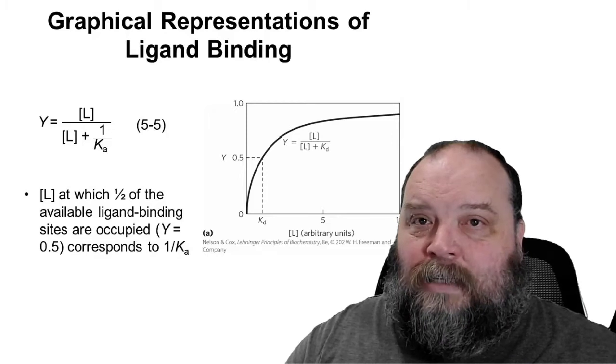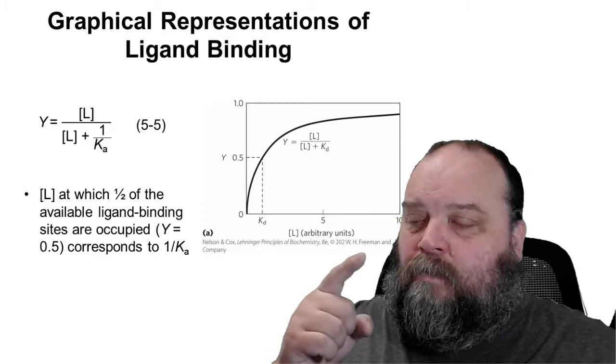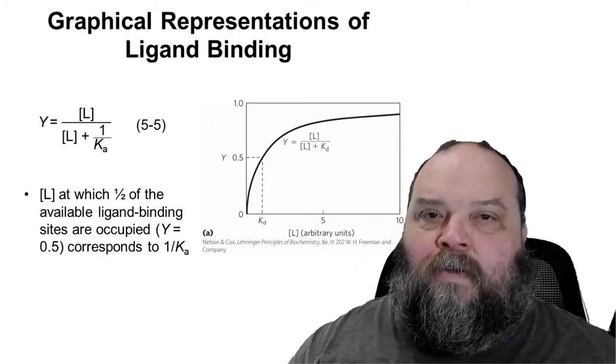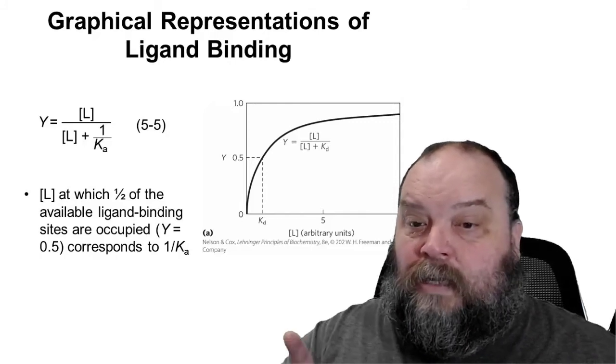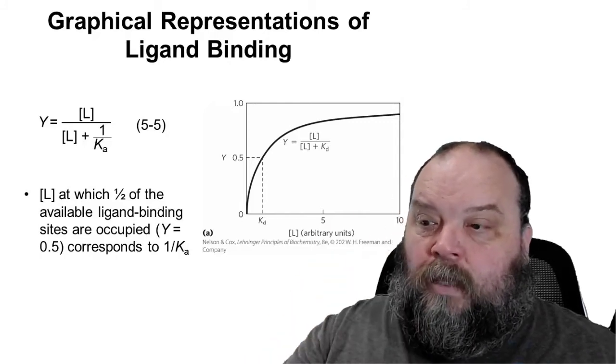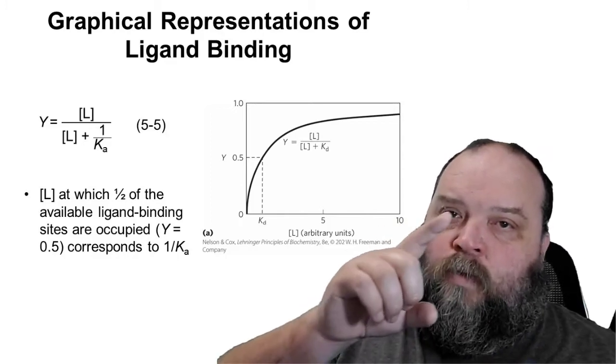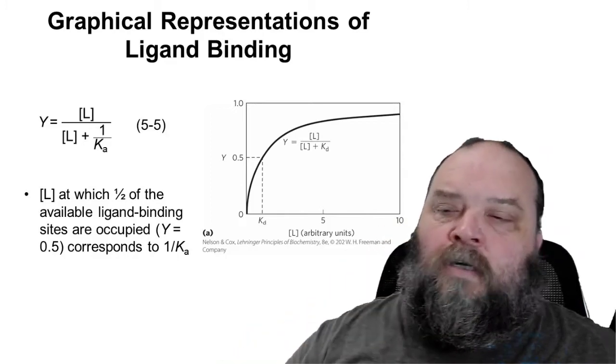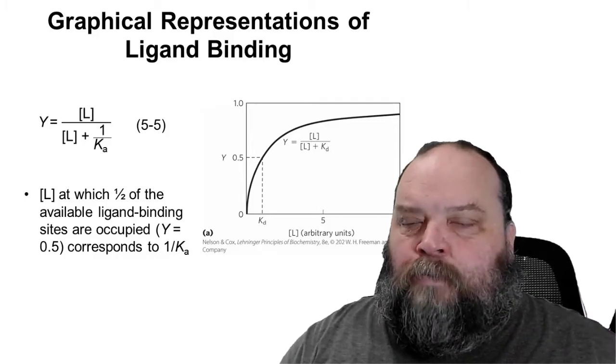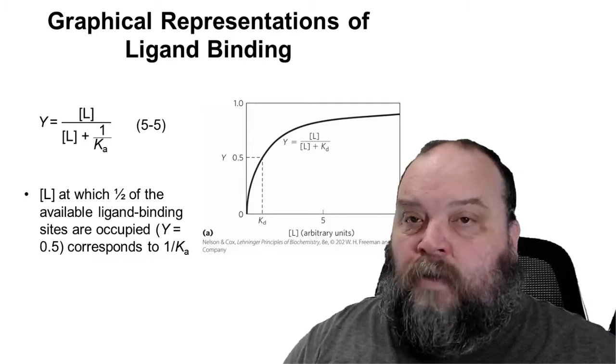So the binding of P and L is not a linear thing. It turns out it is a hyperbola: it'll increase and increase, but at a certain point it'll start to curve over more, and it'll never approach 1. Y will never equal 1.